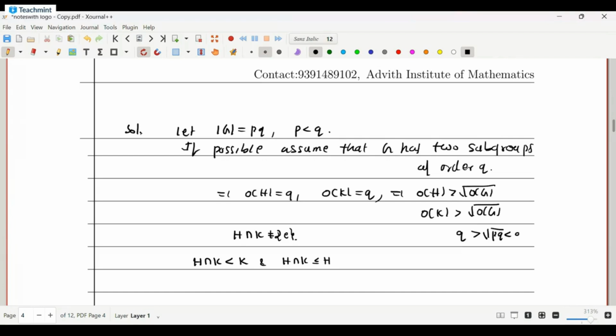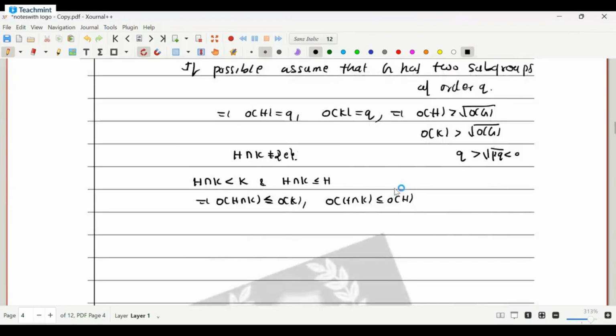So this implies that order of H intersection K is less than or equal to order of K, and also order of H intersection K is less than or equal to order of H. So the possible values of order of H intersection K are either 1 or Q, and by this condition order of H intersection K is not equal to 1.